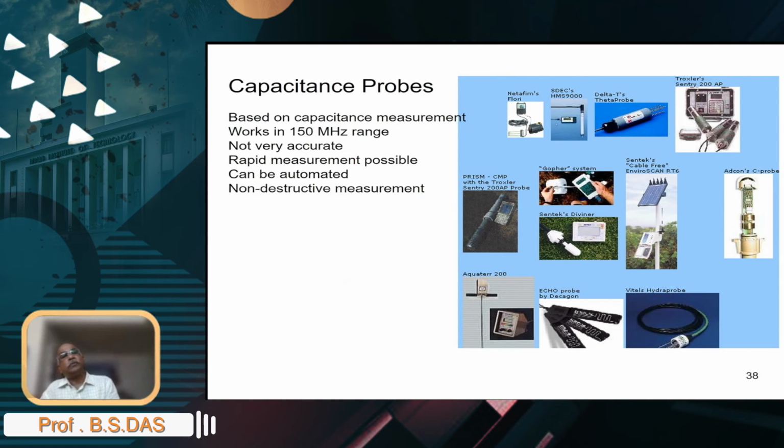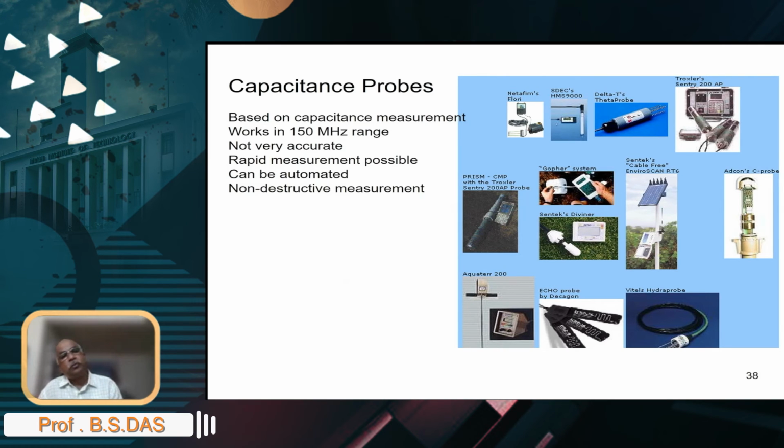These probes can be very inexpensive, but the issue is that at the megahertz level, soil specific calibrations are going to be absolutely necessary. So the accuracy problems are a big problem with this, and the cost, of course, is a lot lower than the time domain reflectometries.